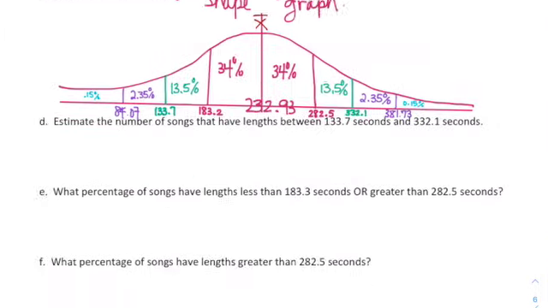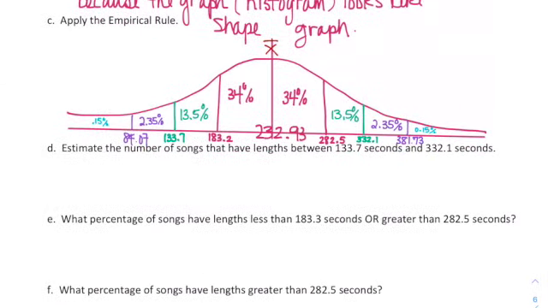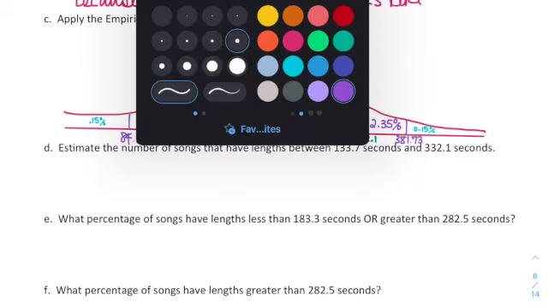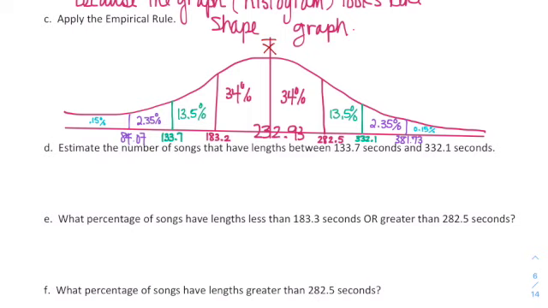So let's answer the question. Estimate the number of songs that have length between 133.7 and 332. So what you're going to do is add all the percentages of songs.